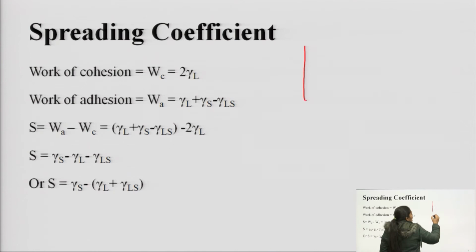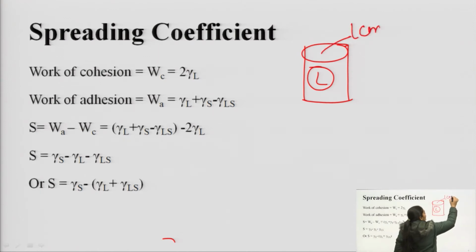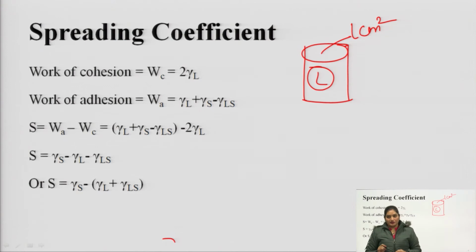See, we are considering a hypothetical cylinder. It is representing the oleic acid. Okay, it has an area of 1 square centimeter. So, the work or the energy that is required to separate these molecules of the spreading liquid is known as the work of cohesion.